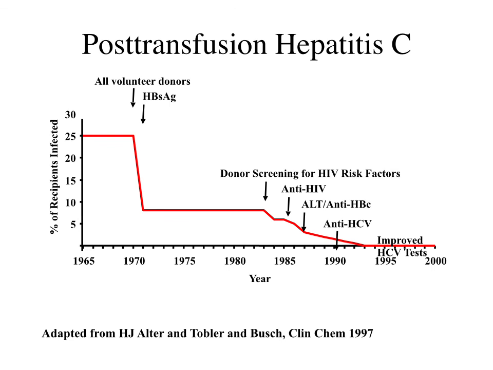Then we came up with an actual test for HIV, and then better tests for hepatitis B, and then in the 90s they actually developed a test for hepatitis C virus. And now, with a combination of donor screening through questionnaires and blood screening for Hep B, HIV, and hepatitis C, we've greatly reduced the risk of post-transfusion hepatitis C infection.